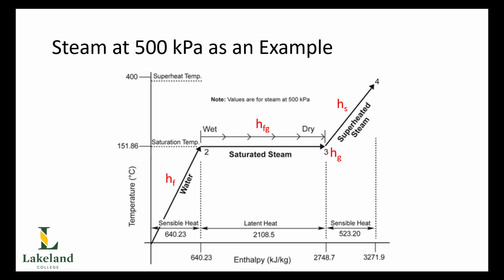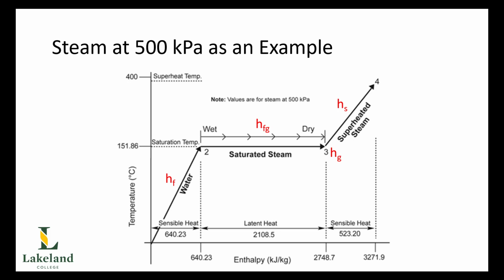So that's a specific enthalpy value. Once we get to point number 2, we're now going to dump in our latent heat, which is our hfg, the enthalpy of evaporation. We would have to put in 2,108.5 kilojoules per kilogram to convert 1 kilogram of water into 1 kilogram of steam.